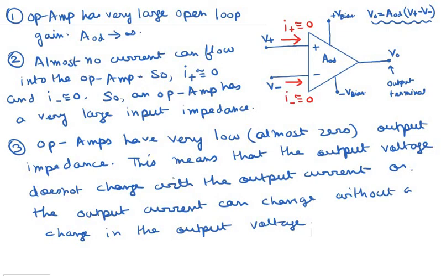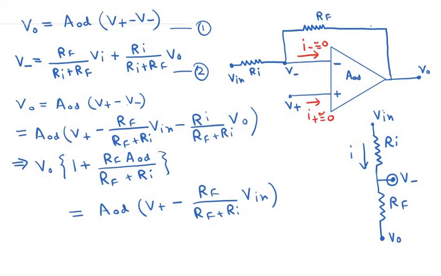This property we have used when we wrote down this equation number 2 here. Okay, in this equivalent diagram we assumed that no current is actually flowing into this terminal V minus or into the inverting terminal. So this property that no current can flow into the op amp, we have used when we derived this equation number 2.